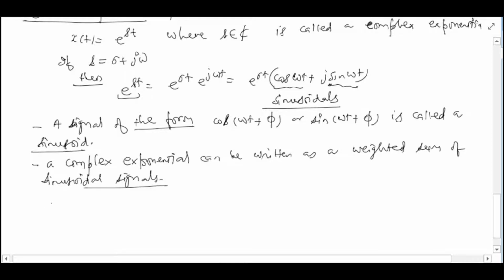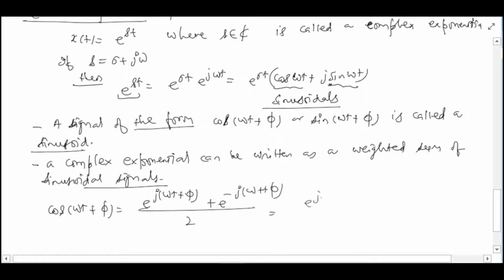On the other hand, if I take any sinusoidal signal, let's say cos(ωt + φ), this can be written as (e^(j(ωt + φ)) + e^(-j(ωt + φ)))/2, which in turn can be written as (e^(jφ)/2) e^(jωt) + (e^(-jφ)/2) e^(-jωt).